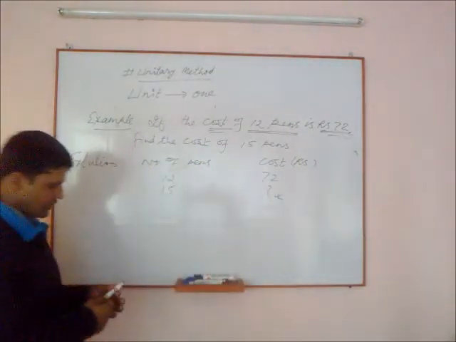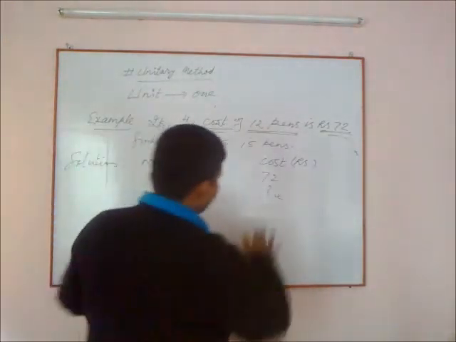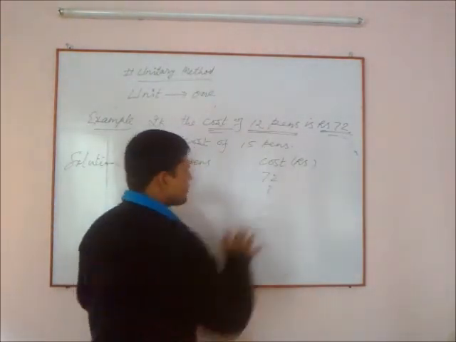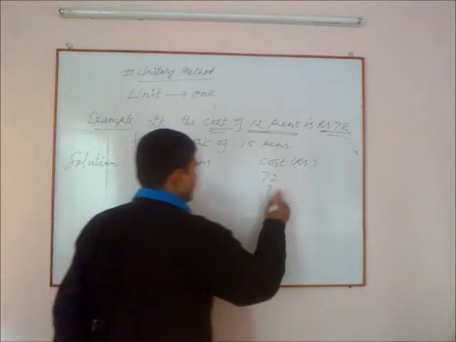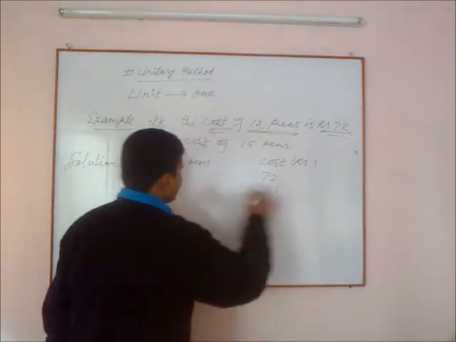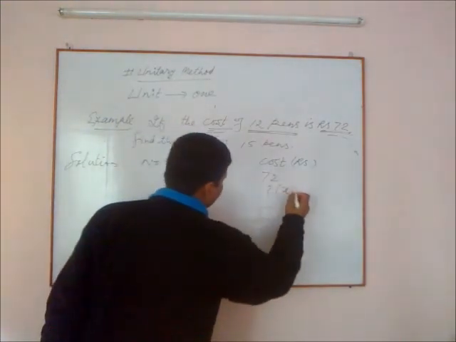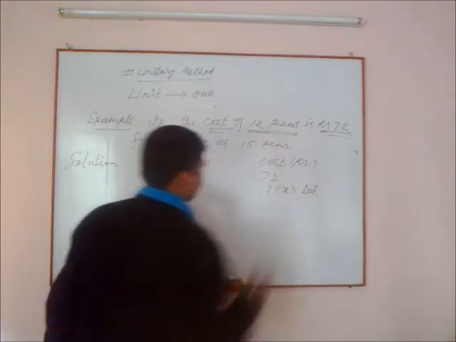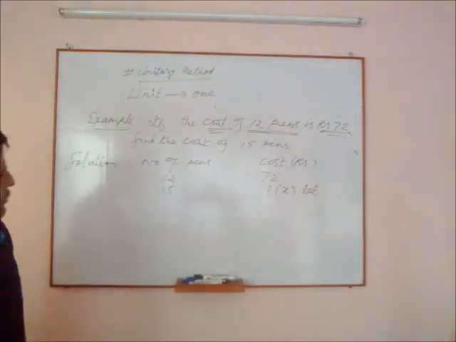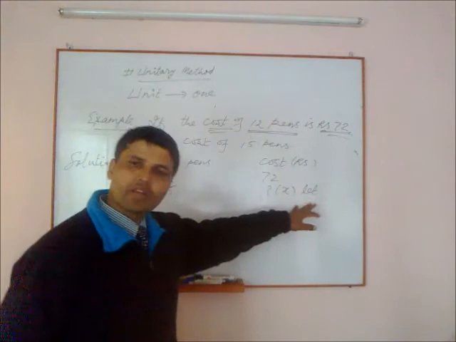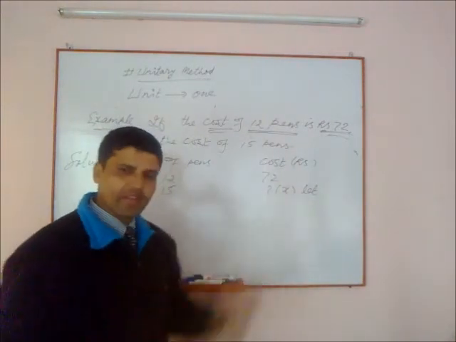While using the method of ratio, whatever value of variable we need to calculate, we suppose it to be an unknown. So we can suppose here x. Let whatever value we need to find out be any variable, say x.